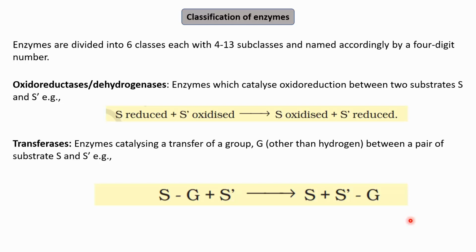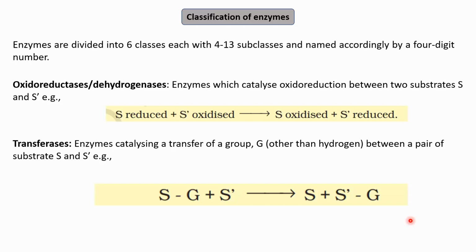The first one is the oxidoreductases or dehydrogenases. We will see that whenever there is an enzyme, mostly the suffix "ase" is used. So oxidoreductases or dehydrogenases are the enzymes that catalyze the oxidoreduction between two substrates.